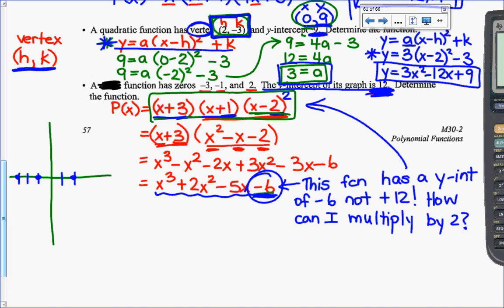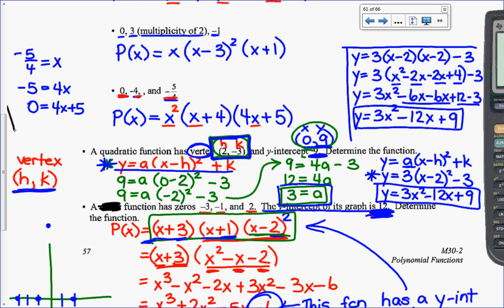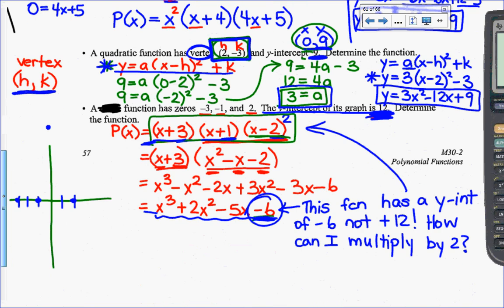So this function should have a y-intercept of 12. This function is degree 4, so we would expect both arrows to be pointing in the same direction, and it's positive, so we should expect it to be both opening up. So it's coming from up here. Sorry, I'll try that again.